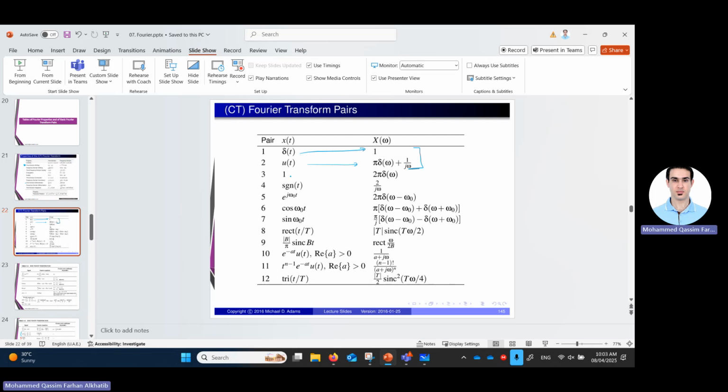Using the duality principle, I have 1 in time domain, it will lead to a delta in frequency domain. The shifting, sine, and cosine have their own transformations. A rect function will lead to a sinc, and sinc will lead to a rect, and so on.